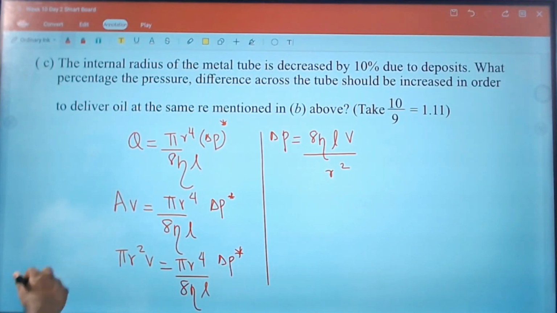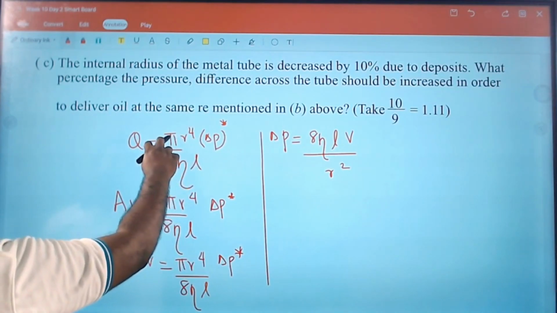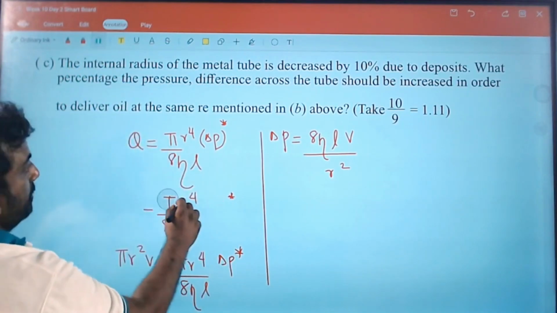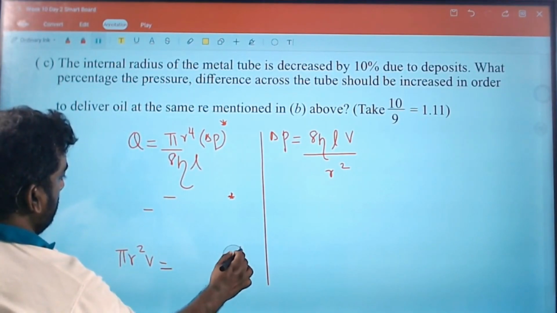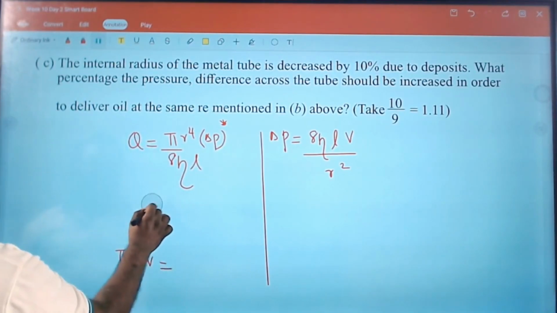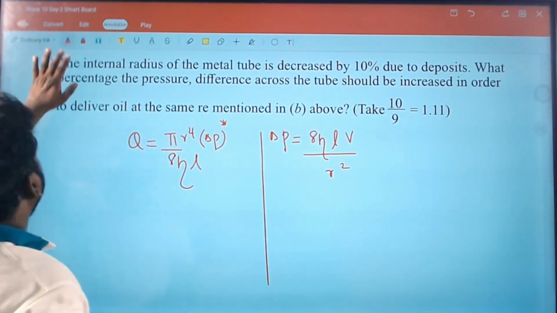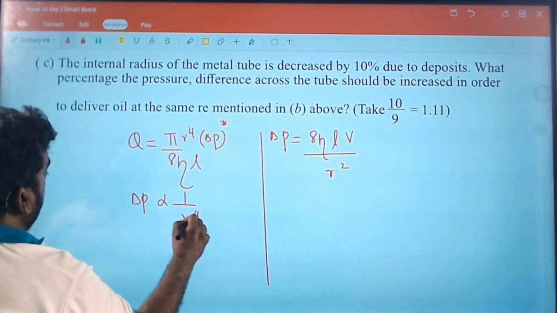So looking at this same rate, length is same, pressure difference. So we'll write like this. Pressure difference is inversely proportional to the fourth power.